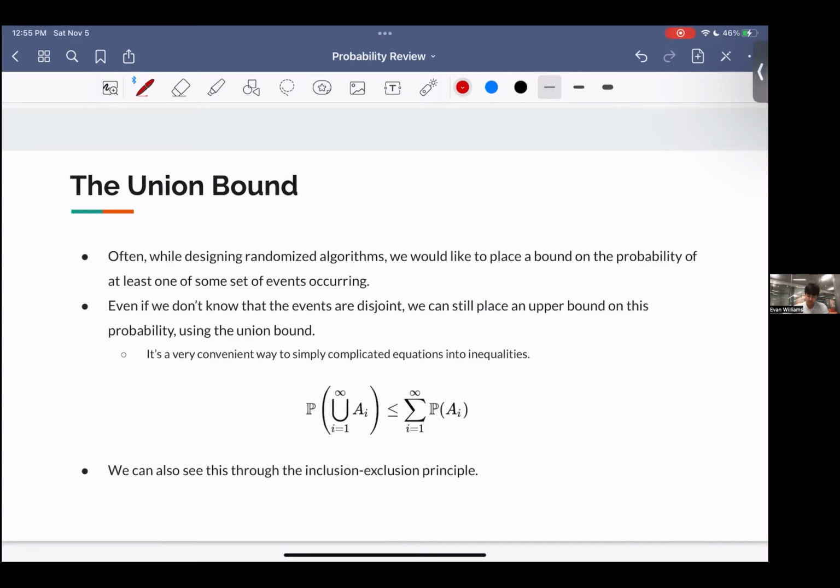If the events weren't disjoint, we would have to subtract out the probability of their intersection, which means we'll always be upper bounded by the sum of all of the probabilities, regardless of whether they're disjoint or not. This leads to this inequality here, which is more formally called the union bound. You can also see this more visually through the inclusion-exclusion principle.